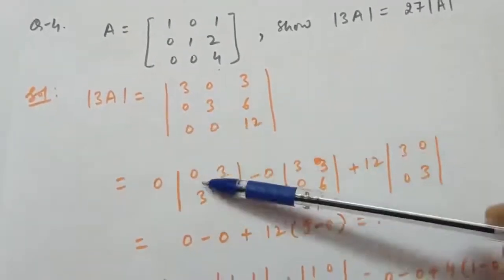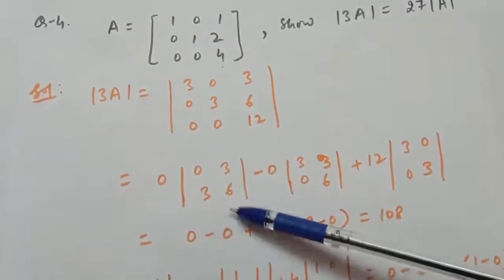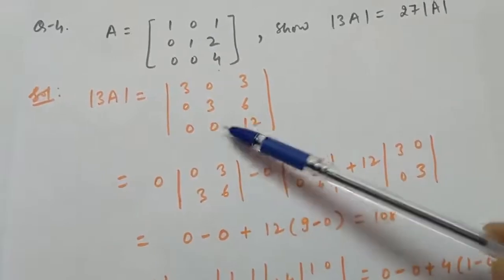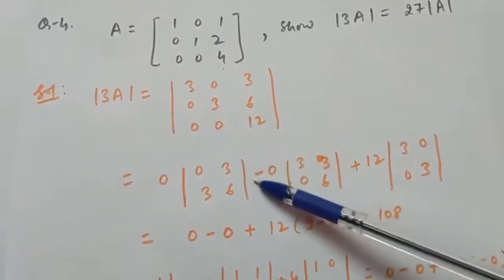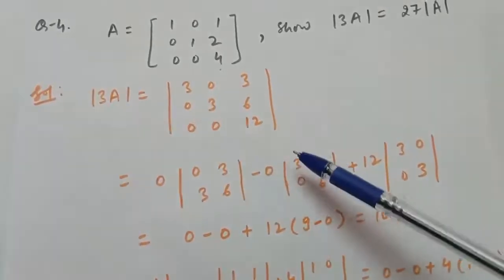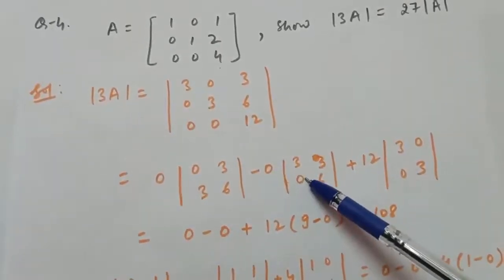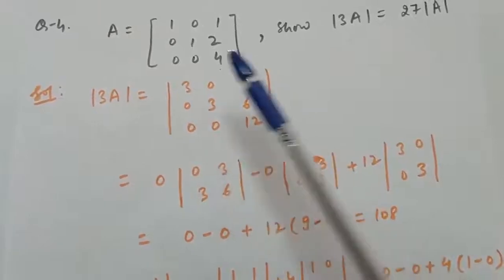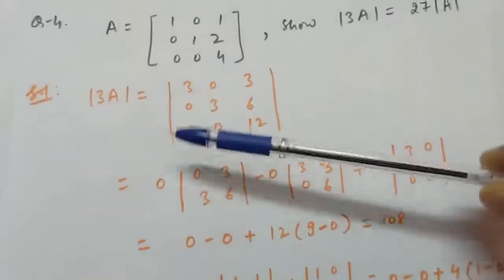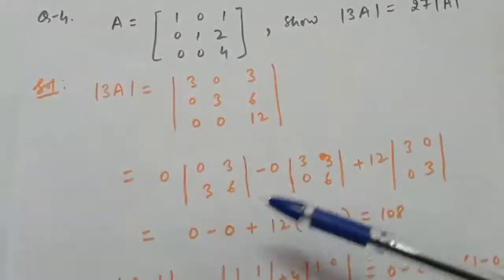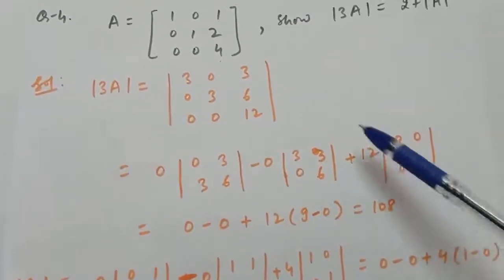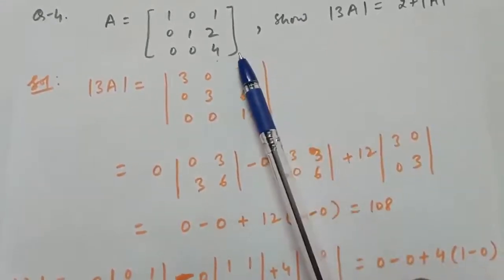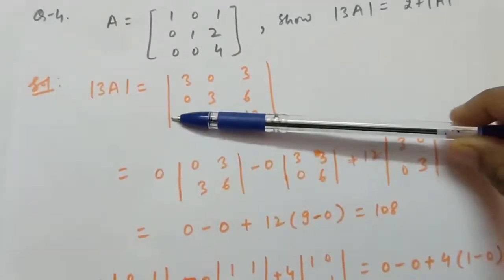You will get 0, 3, 3, 6 minus 0, because with the second element we have to multiply minus 1, and the second determinant which you will get after deleting this second column and third row will be 3, 3, 0, 6 plus 12 into, now delete this third column and third row.